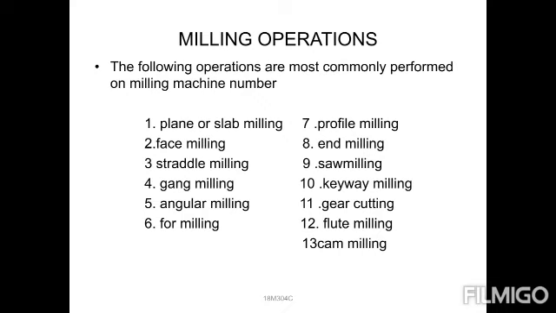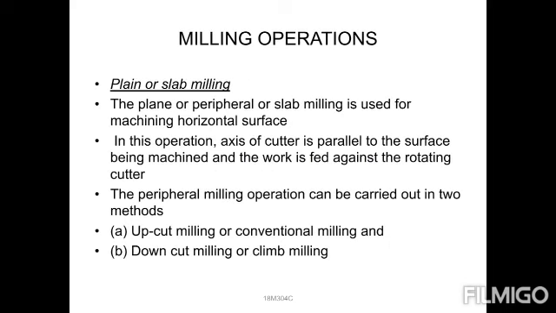In that, first one, what is plain milling? Plain milling we can also call slab milling. What is the difference, and how are we pronouncing plain milling or slab milling?